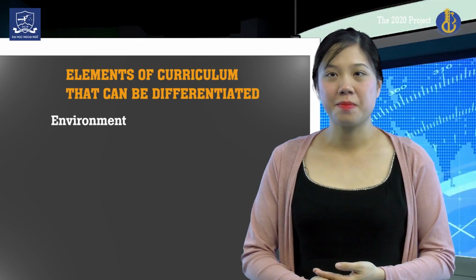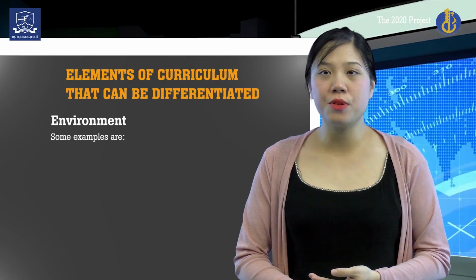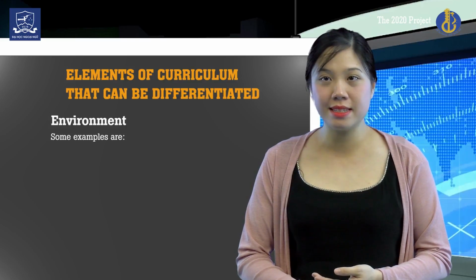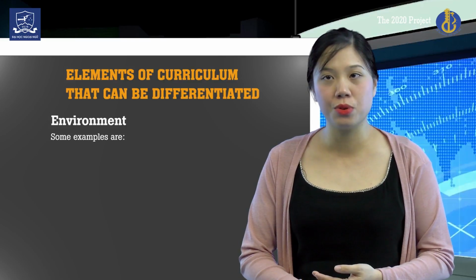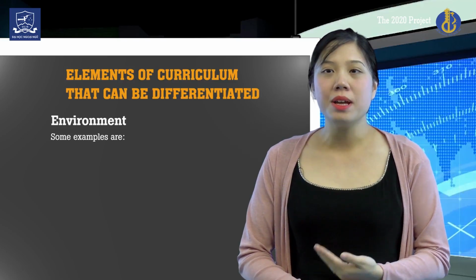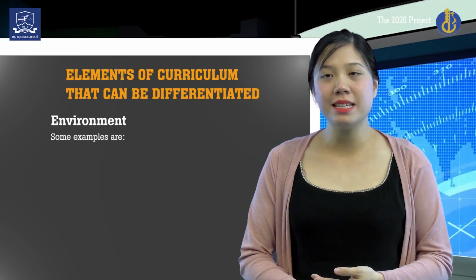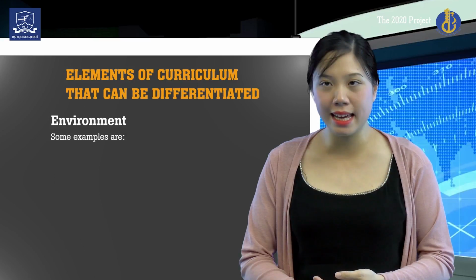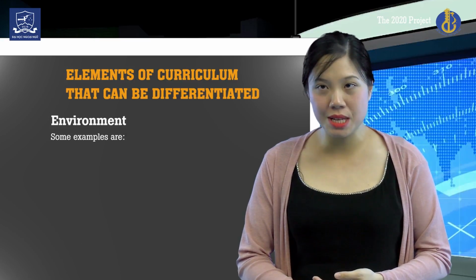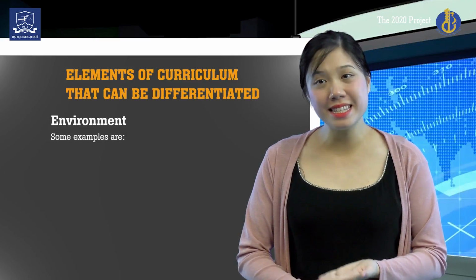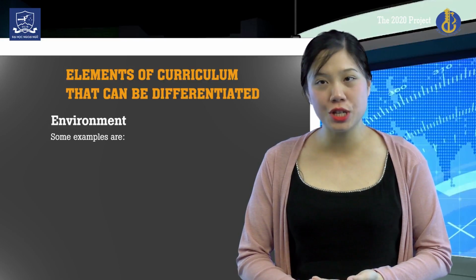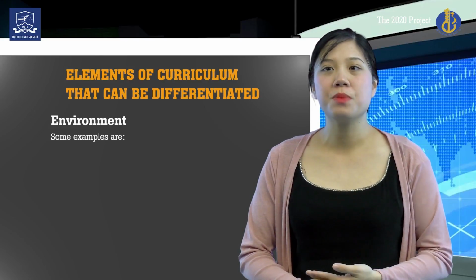Environments. Examples of differentiating learning environments at the elementary level include: 1. Making sure there are places in the room to work quietly and without distraction, as well as places that invite student collaboration. 2.